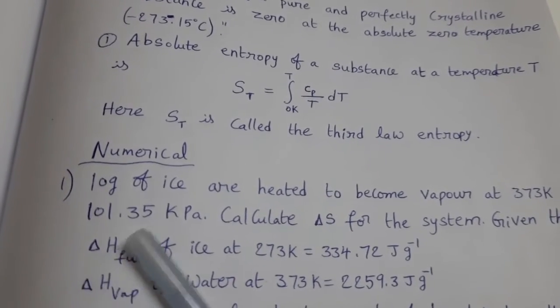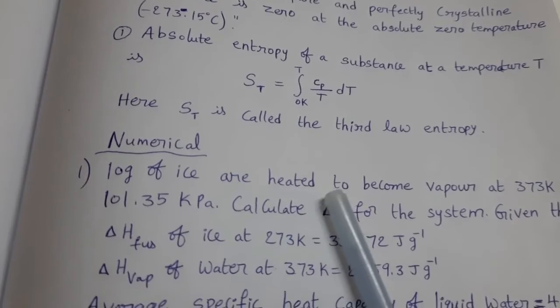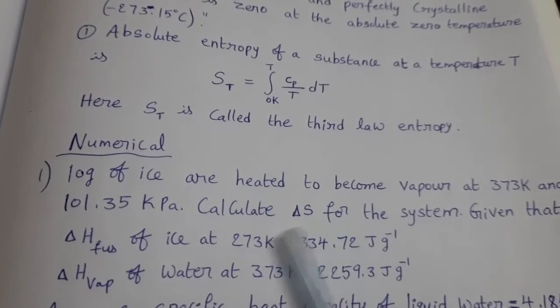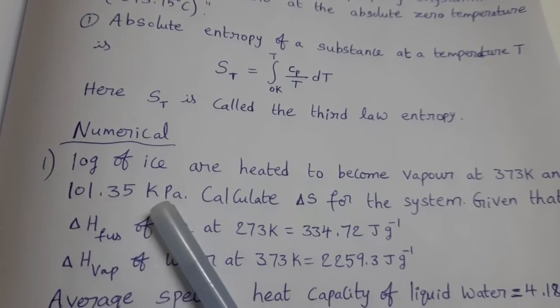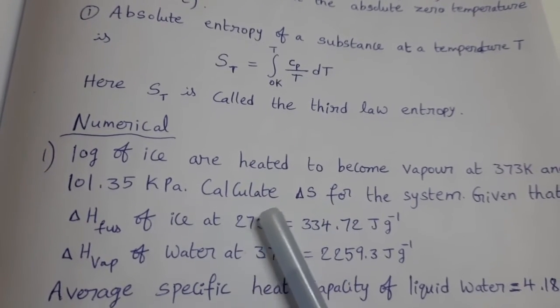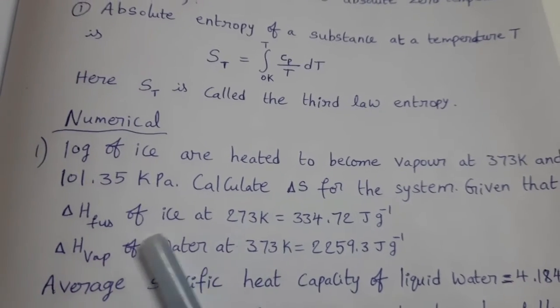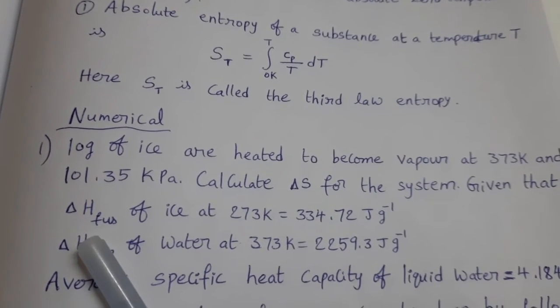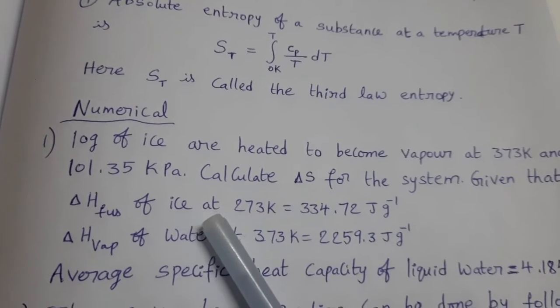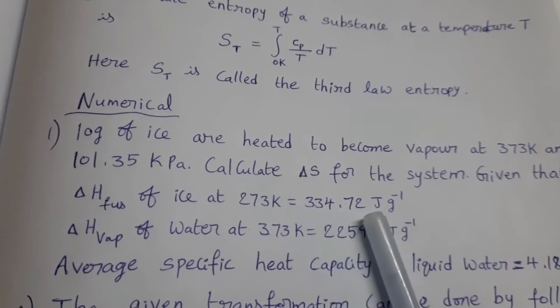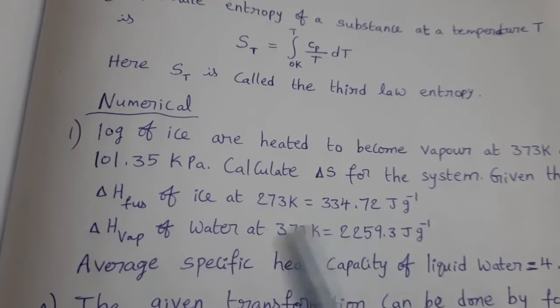Say this: 10 grams of ice are heated to become vapor at 373 Kelvin and 101.35 kilopascal pressure. Calculate delta S for the system. Given that the change in enthalpy of fusion of ice at 273 Kelvin equals 334.72 joule per gram.